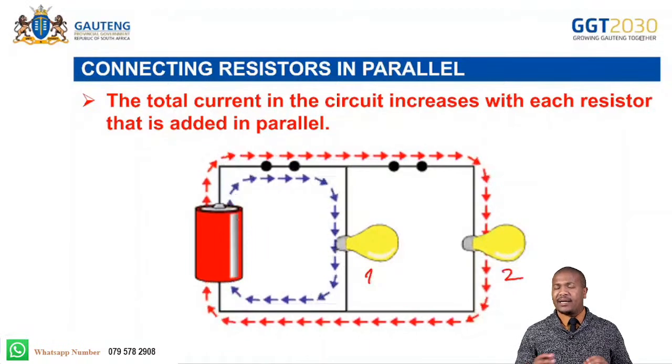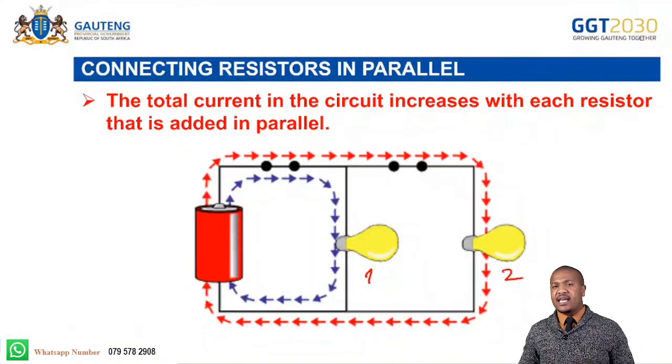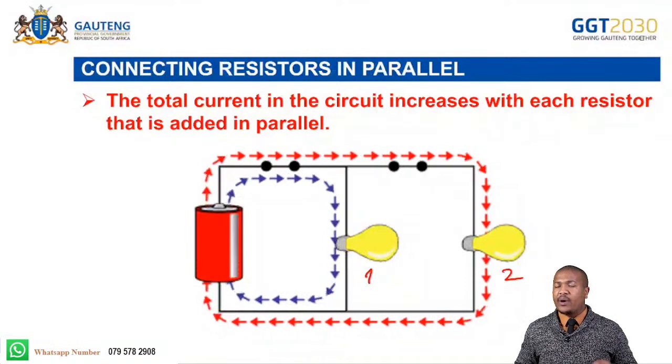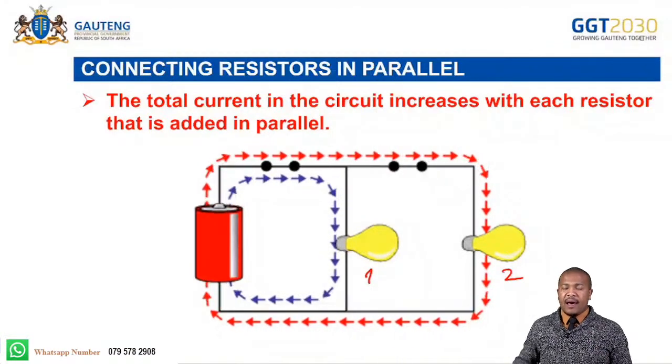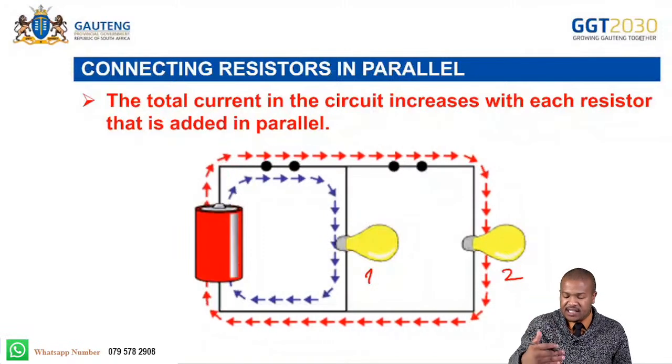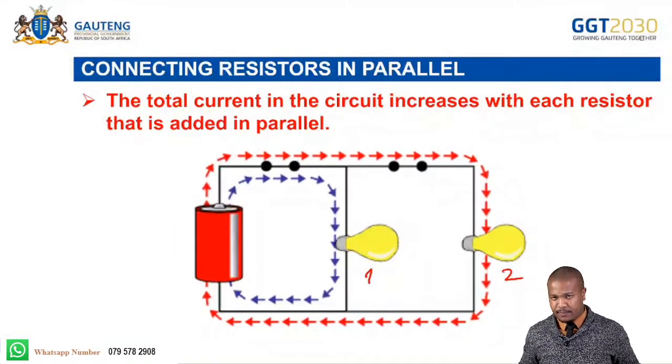But when you compare this to a series circuit, the more resistors that are added in the circuit, the current is going to decrease. But in a parallel circuit, the current increases with each and every resistor that is added in parallel.